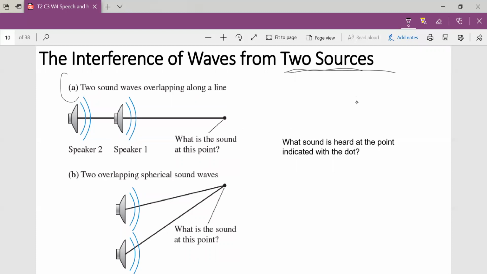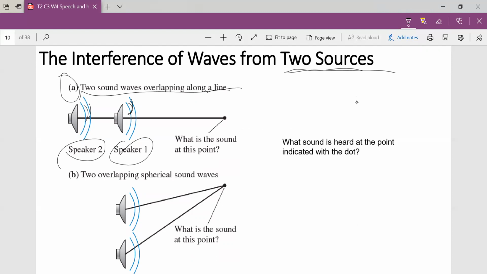Let's look at the diagram, figure A before us, which is typically what we want to look at. The two sound waves overlapping along a line. See speaker 1, speaker 2, they're producing sound. And remember we said the principle of superposition, that waves can travel through each other, okay?